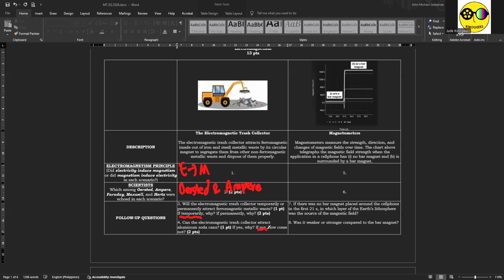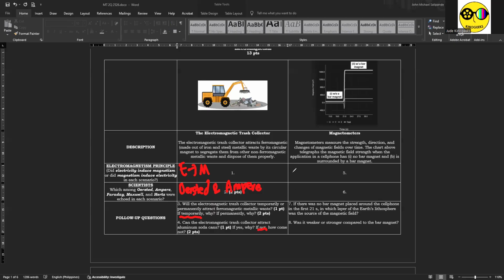then you can see from part one or letter A there's still magnetic field strength reading, but you know that once the magnet is introduced in close proximity with the cell phone, then therefore the magnetic field becomes stronger. No? So in this case, this is the antithesis of the electromagnetism principle that was established in the electromagnetic trash collector.